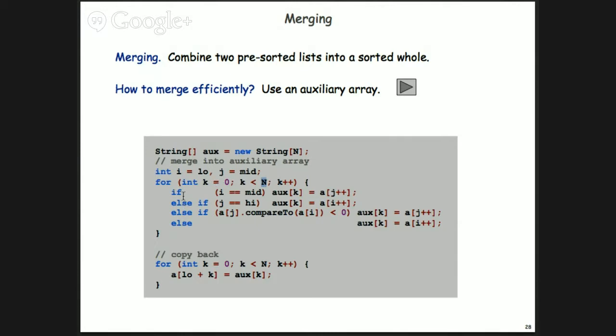Let's skip these two first if statements and just look at these statements. It says, compare the element at i and j. So i is in the left. i is currently the first element in the left-hand side of the merge array.